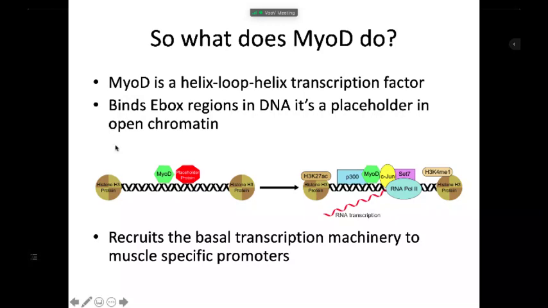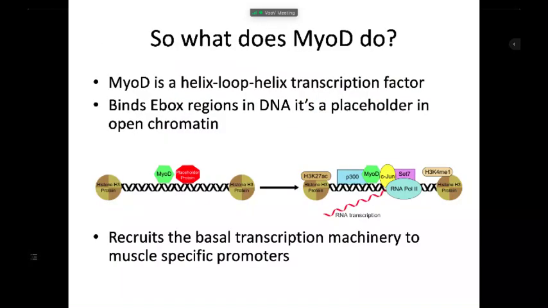So if there's open chromatin, then MyoD will bind this open chromatin. And what this allows is the recruitment of the normal basal transcription machinery, so P300, RNA polymerase II, etc., to muscle-specific promoters to allow their transcription.